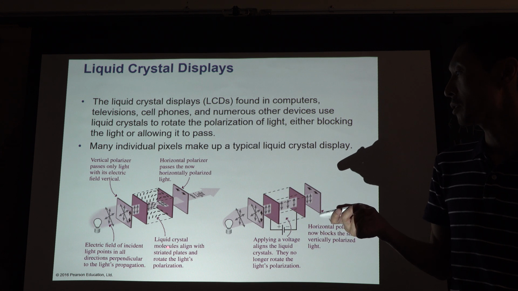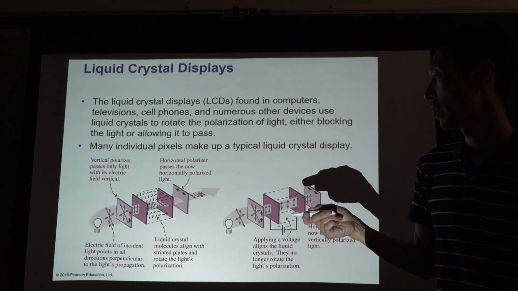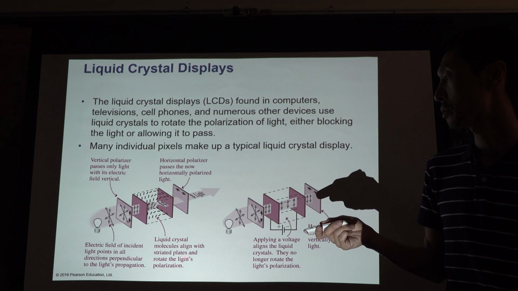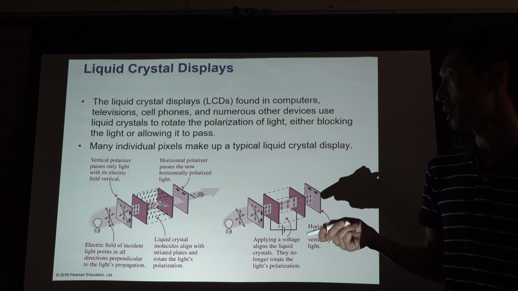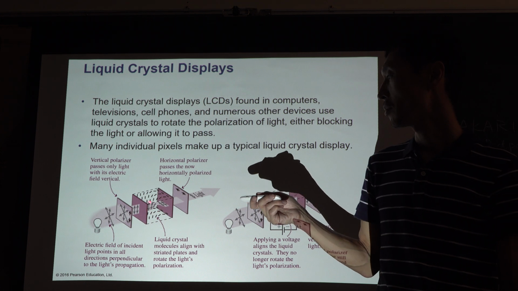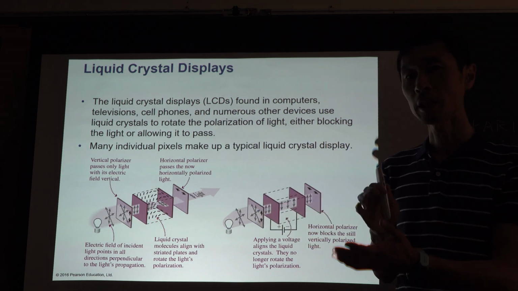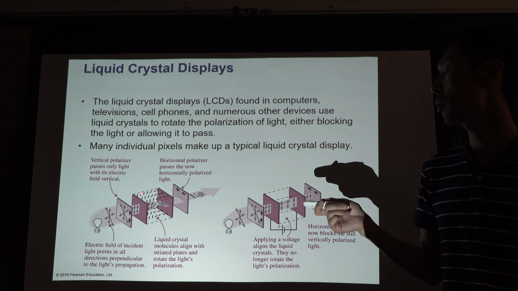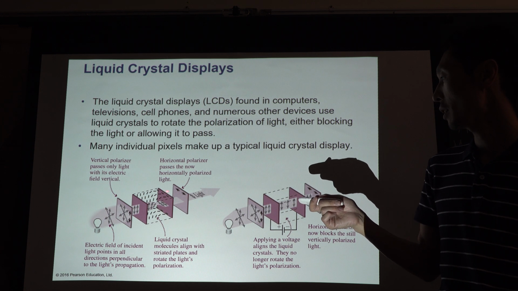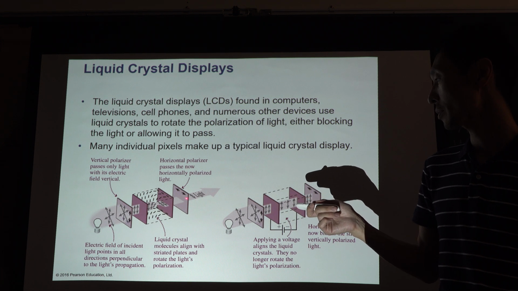Then there's a liquid crystal. The molecules align with striated plates and rotate the light polarization. So this liquid crystal rotates the light. And the horizontal polarizer passes the now horizontally polarized light. And then the light goes through.